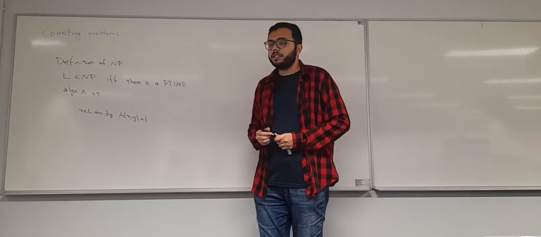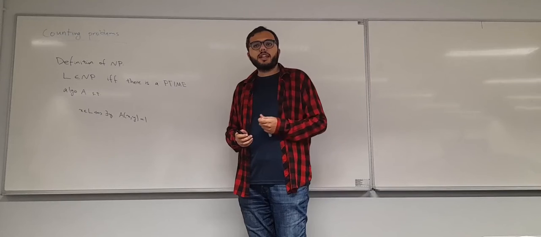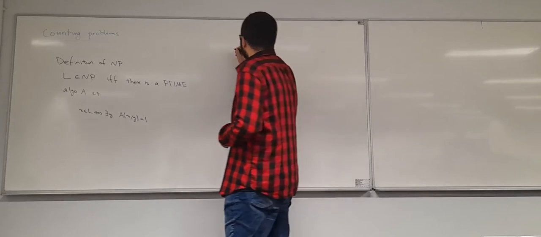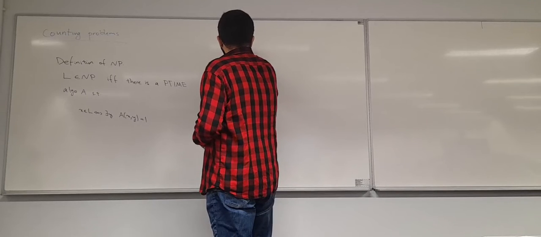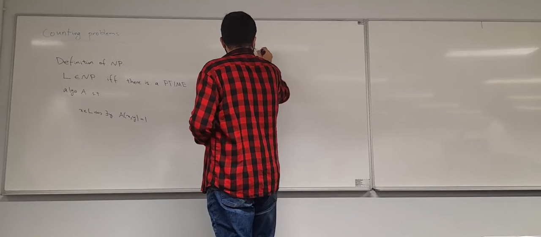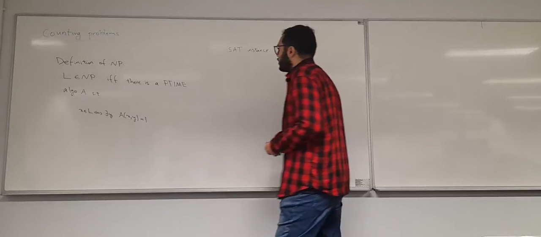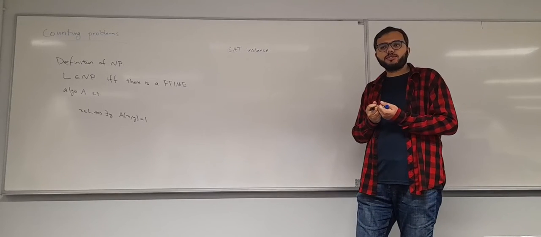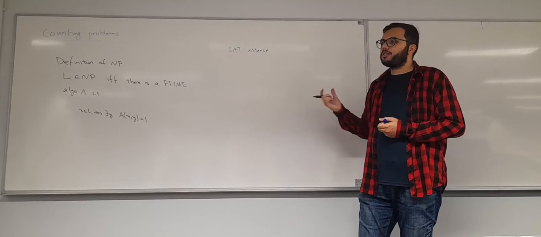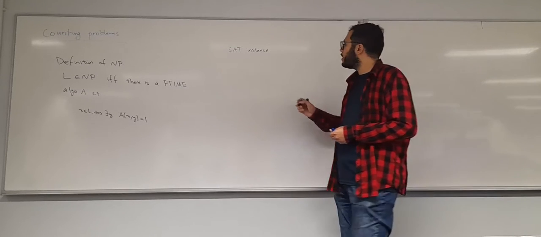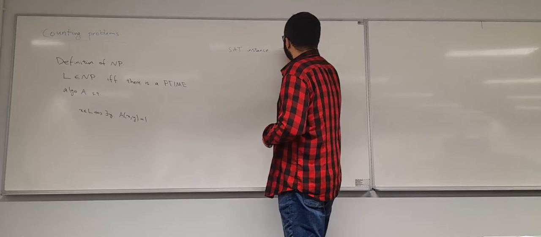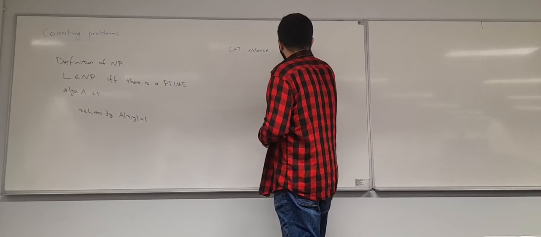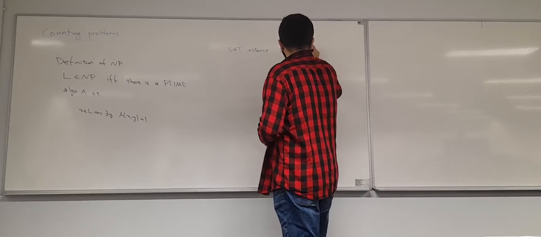Suppose that I give you a SAT instance or a 3-SAT instance or anything like that. And I ask you what is the number of different valuations that I can give to my Boolean variables so that this particular formula is satisfied. So in a SAT instance, I'm asking for the number of satisfying valuations.